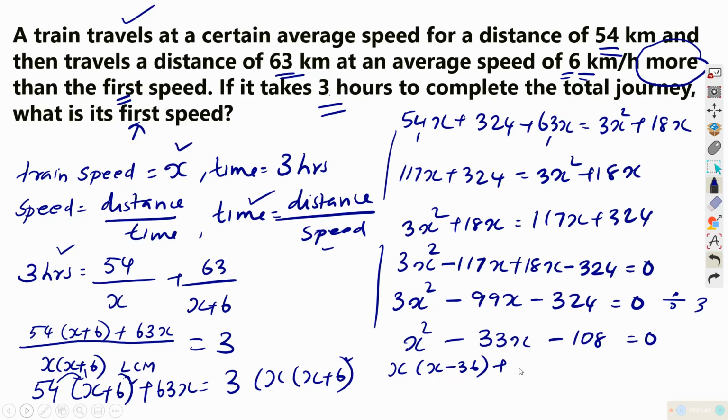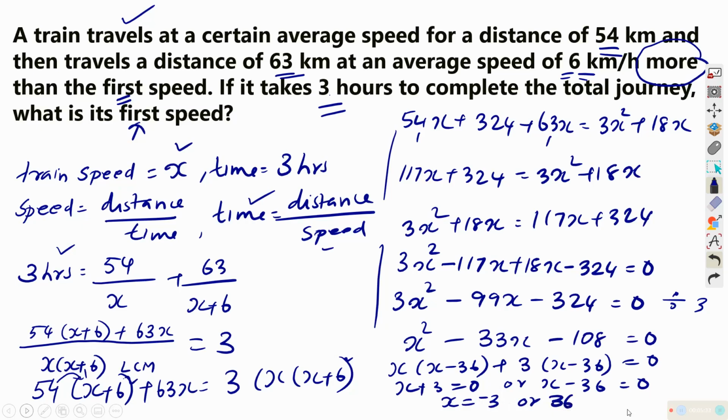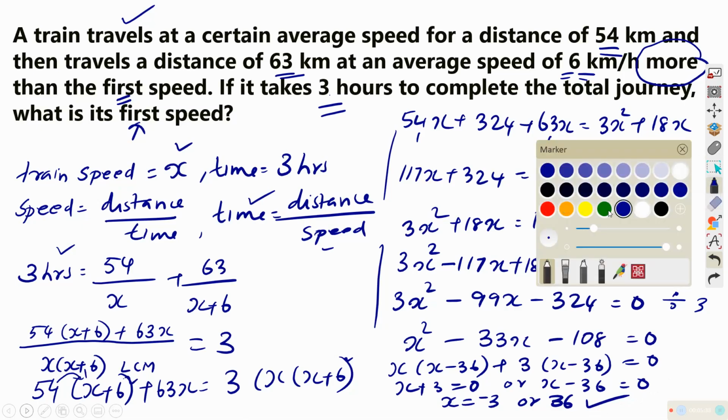We need numbers whose sum is minus 33 and product is minus 108, so we are having 3 and 36 for that. So we have either x plus 3 is equal to 0 or x minus 36 is equal to 0. But it is about the speed of the train, so we cannot have negative as answer. Minus 3 is not possible, and here the x value is 36, so we'll write 36 kilometer per hour. That is the correct answer. That is the speed of the train.